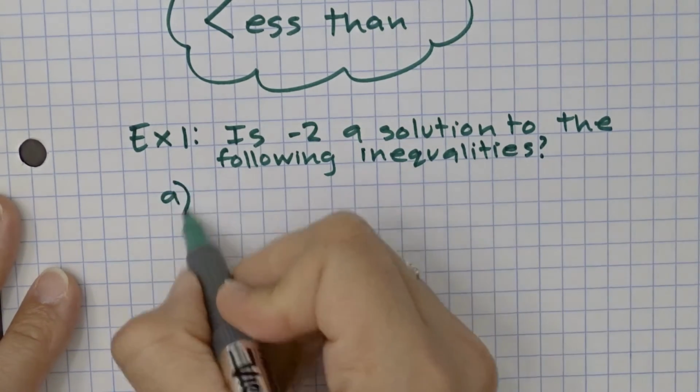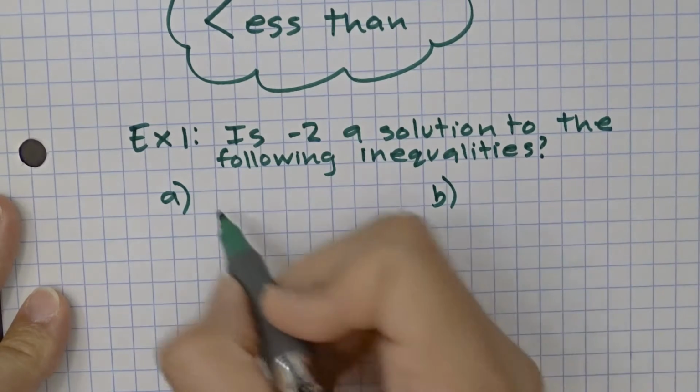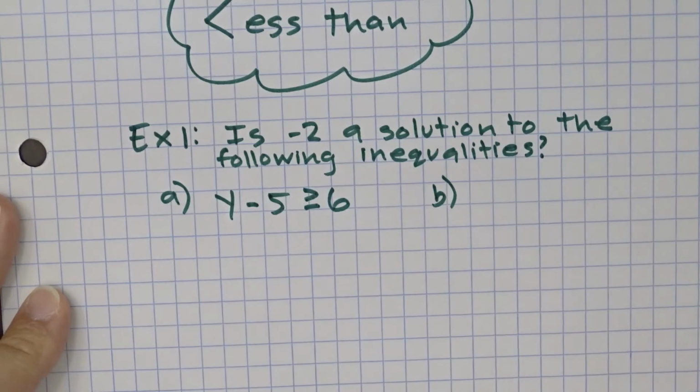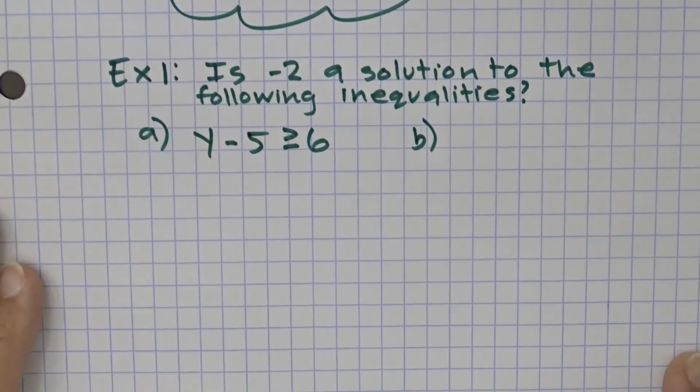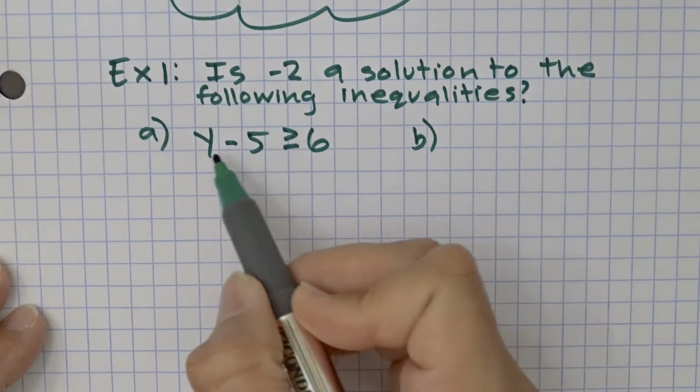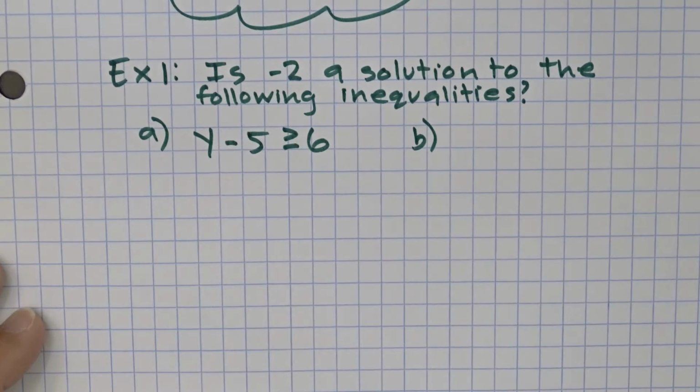And we have two of them to check, A and B. First one will be y minus 5 is greater than or equal to 6. So is -2 a solution? What that means is, is -2 a valid value for y that will hold this inequality to be true? So let's check.